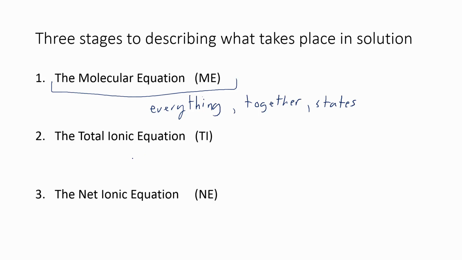Now the total ionic equation is where we break all ionic bonds, none of the covalent, just all the ionic bonds, everything that's soluble. There are insoluble compounds, and we don't break these. We show the individual ions that are formed on the reactants and products side.